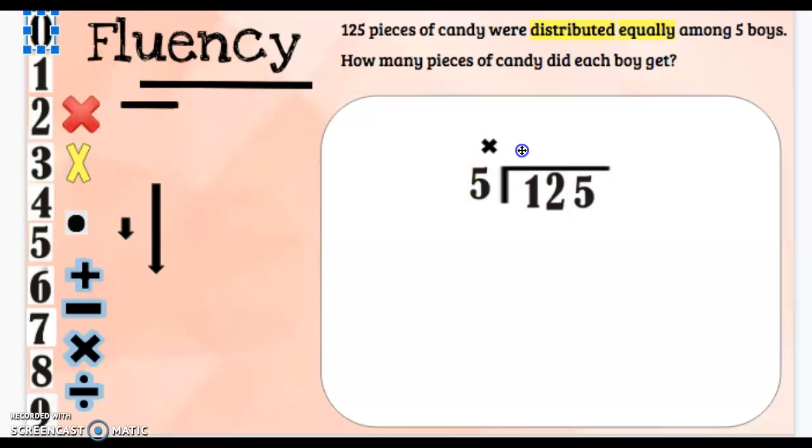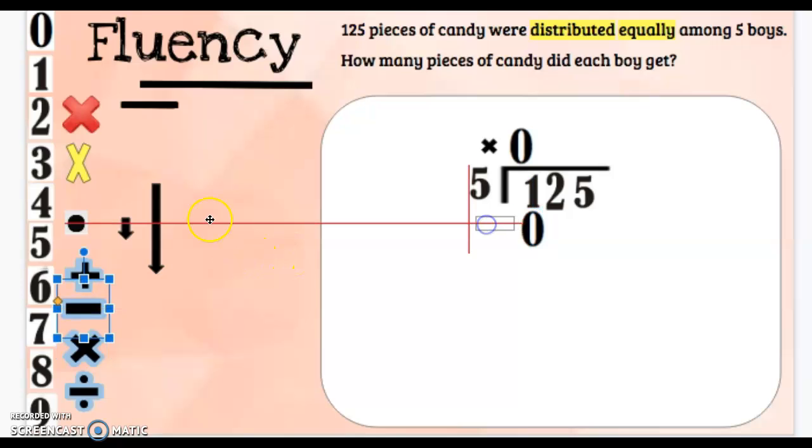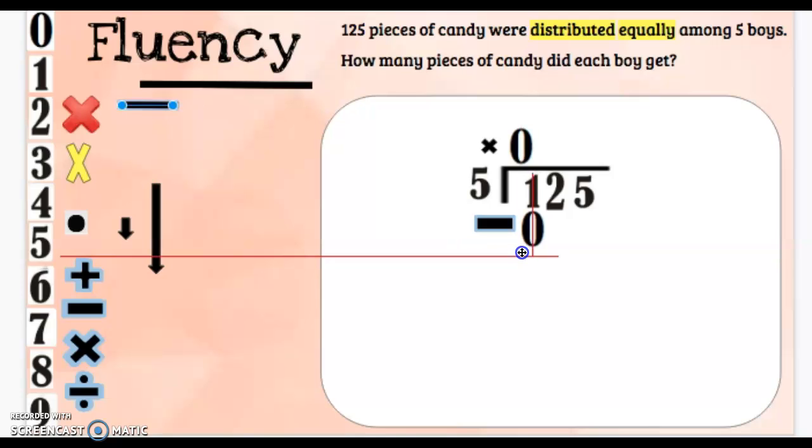So 0. 5 times 0 is 0. So I have to put a 0 below my 1. I have to subtract. So 1 minus 0 is 1.